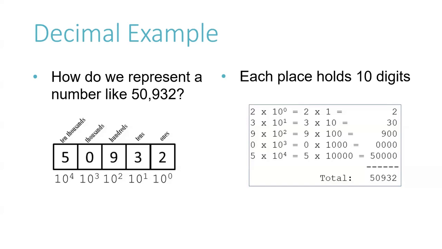We're going to look at how binary works. It uses the same basic systems with columns and Arabic digits. The only thing that's going to change here is those two pieces of information, the one here, which is going to be the same as the one here. So in a decimal system, from the word 10, we have 10 digits, again, 0 through 9.